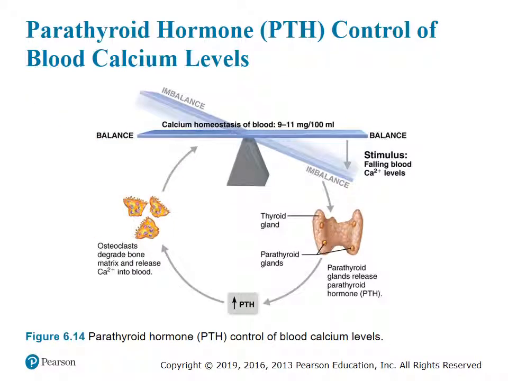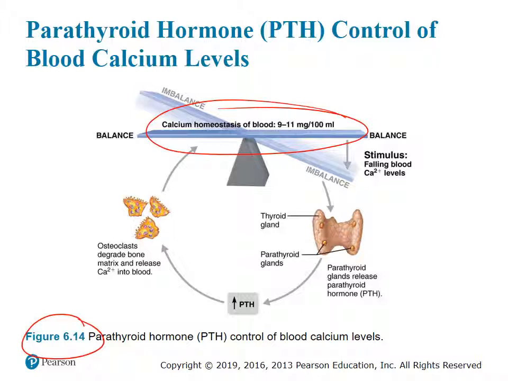Right? So here's our balancing beam, figure 6.14. If you want to know the blood calcium level, that's the homeostatic control, 9 to 11 milligrams per 100 milliliters of blood. That is your homeostatic level of blood calcium.